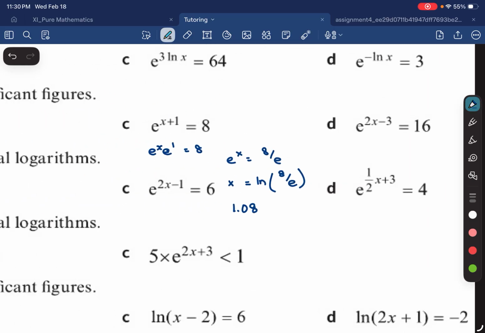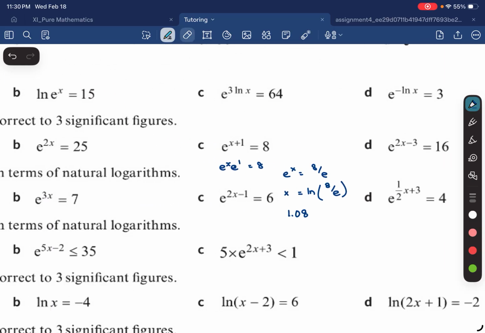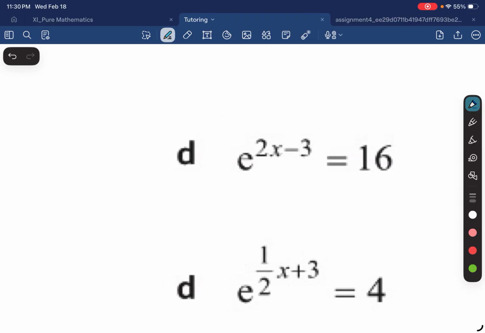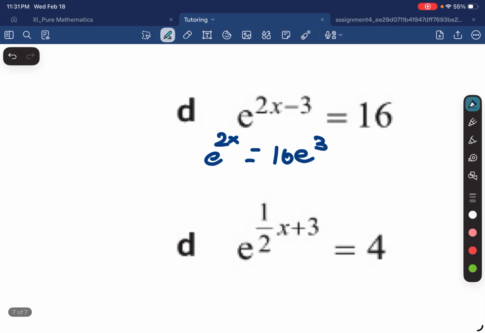And part D, you would solve in exactly the same way. See, e to the power 2x minus 3, well, that is e to the power 2x over e to the power 3, which is equal to 16. So e to the power 2x is equal to 16e cubed.